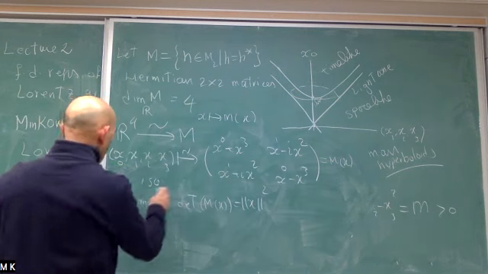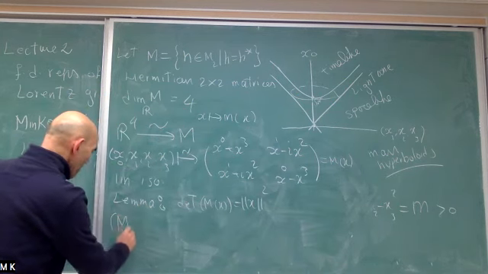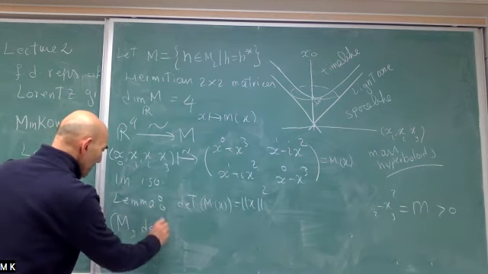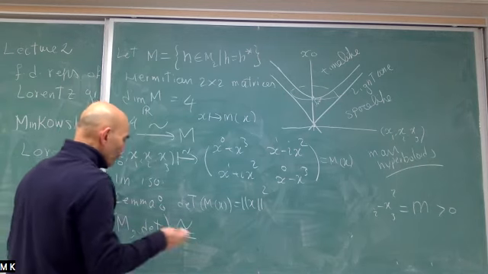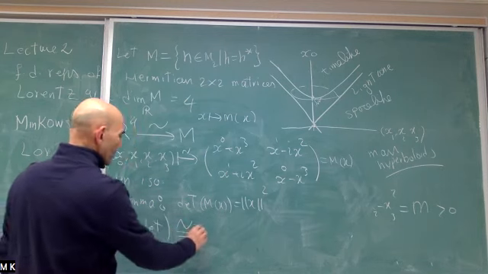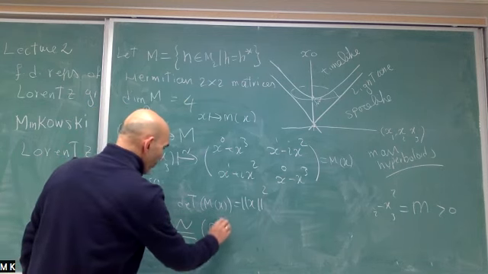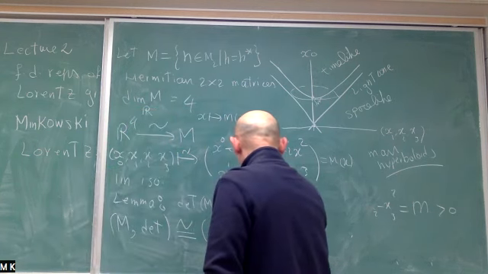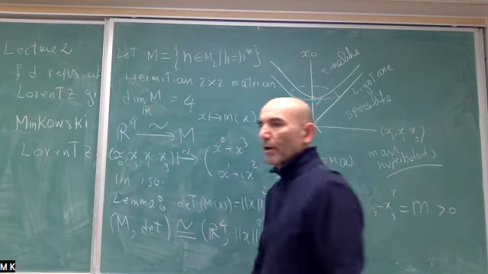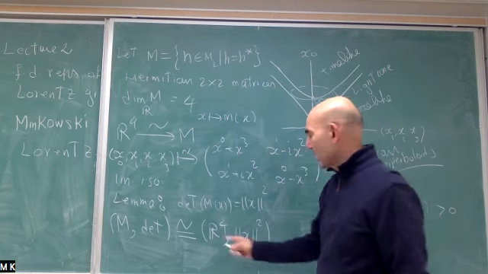So what happens then is that M with the determinant is isometrically isomorphic, not just linearly, but isometrically isomorphic, to R4 with the Minkowski metric. So this is an isometry.